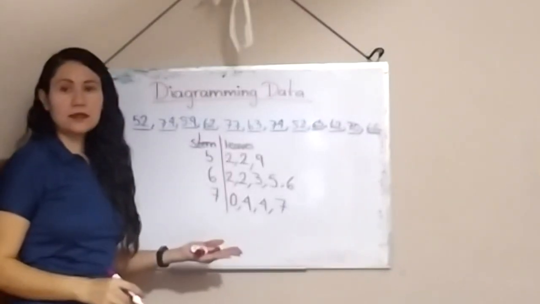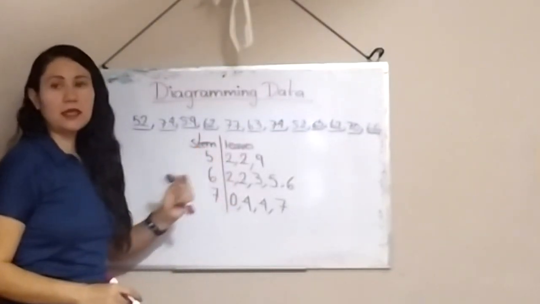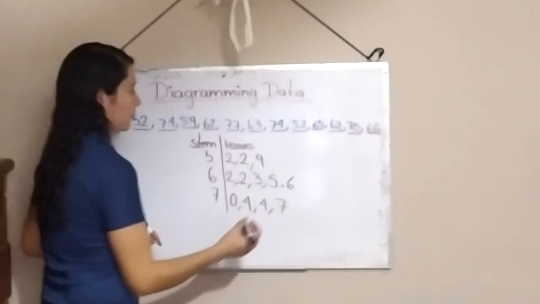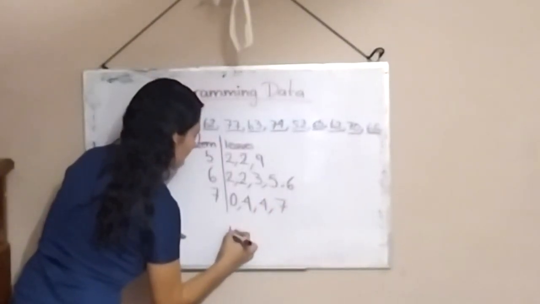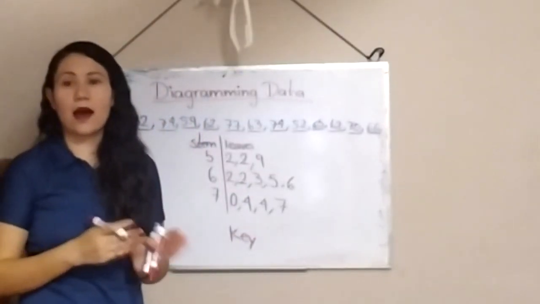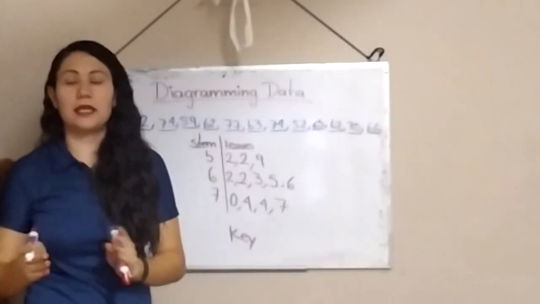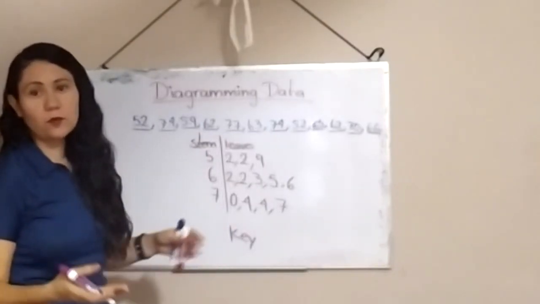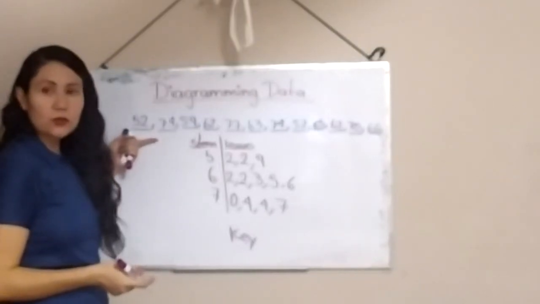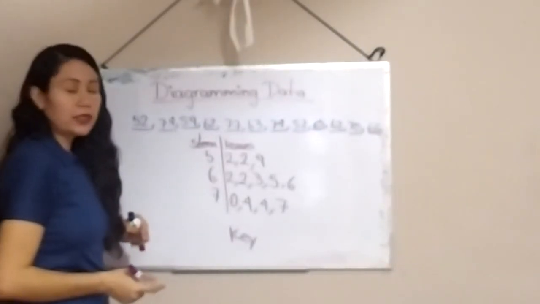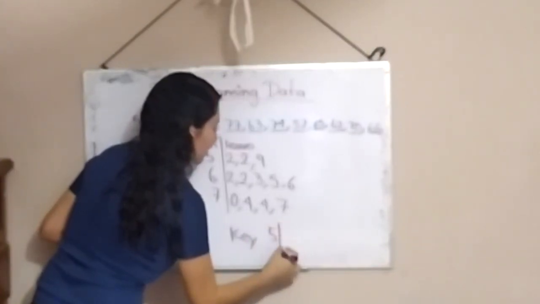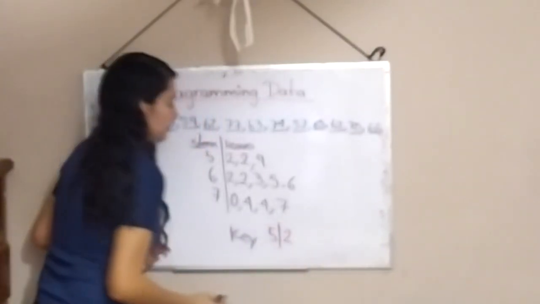And at the end of every stem and leaf diagram, we have to write the key. The key is how we separated each of the data. And for that, we just write one example. We will take the 52 as an example. Our key would be 5 | 2.